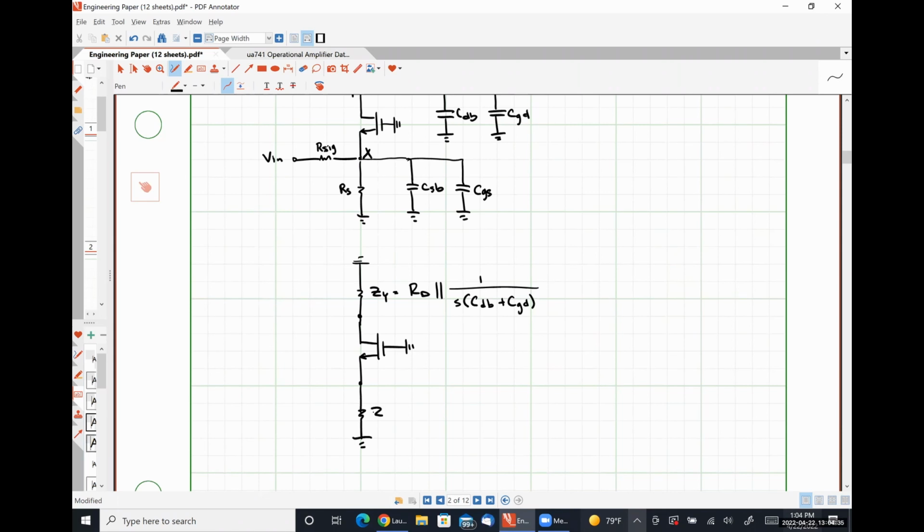I'm going to call this impedance down here ZX, which is simply RS in parallel with 1 over S(CSB plus CGS). And then finally over here, I have R sig and Vn, and here is the out.